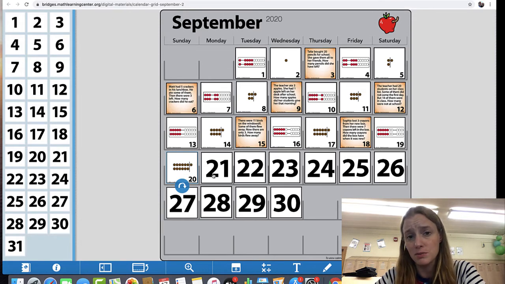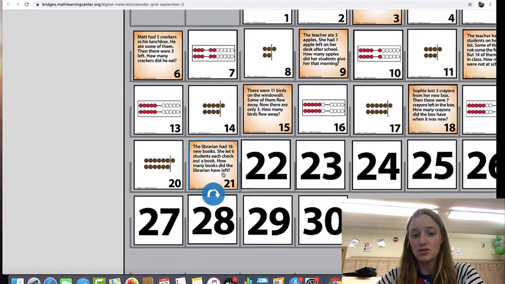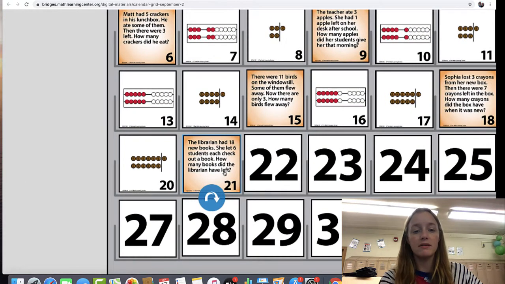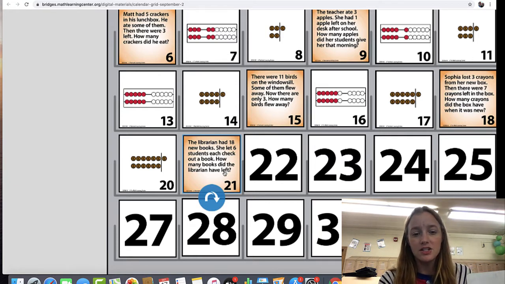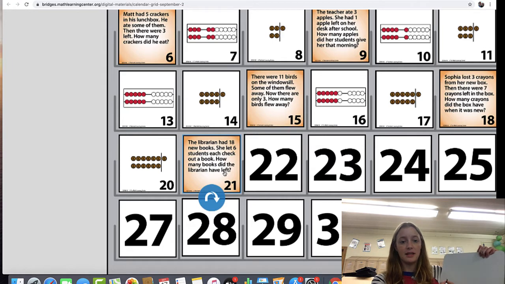Or I could make it into a subtraction problem too. But let's focus in on today. Today is going to be that story problem, and I'm going to scroll in for you. And it says the librarian had 18 new books. She let 6 students each check out a book. How many books did the librarian have left?